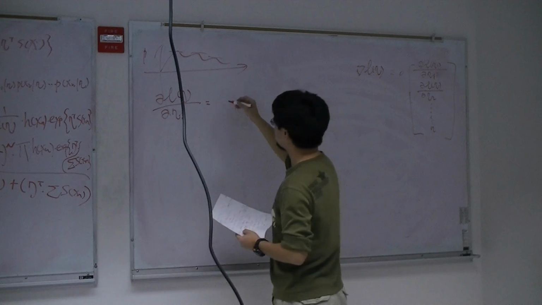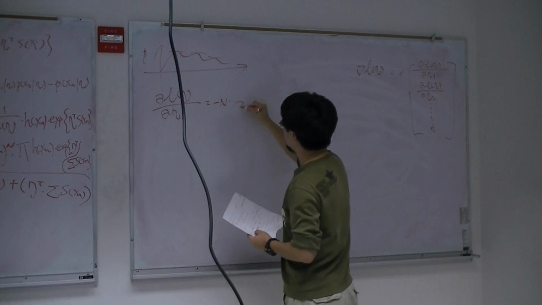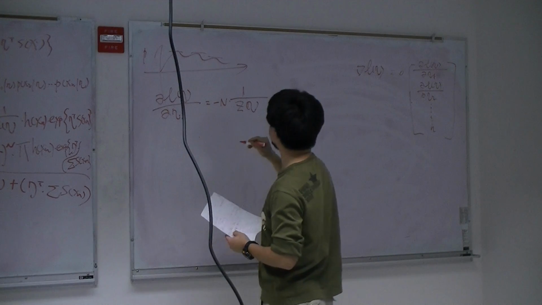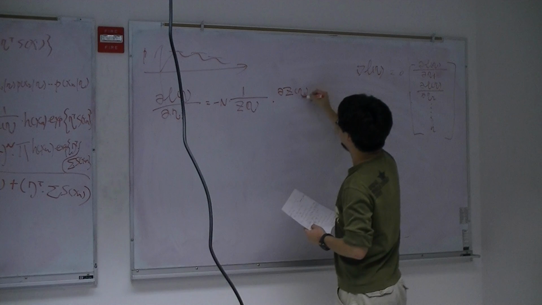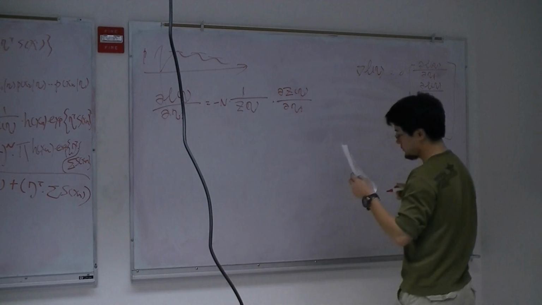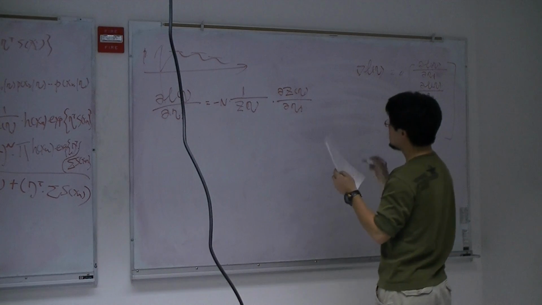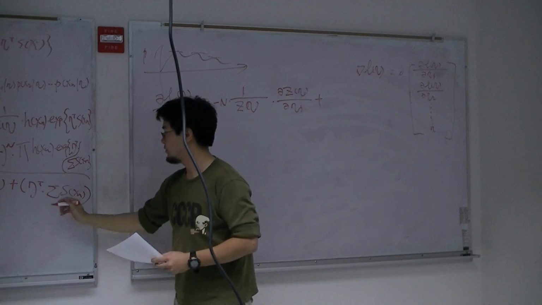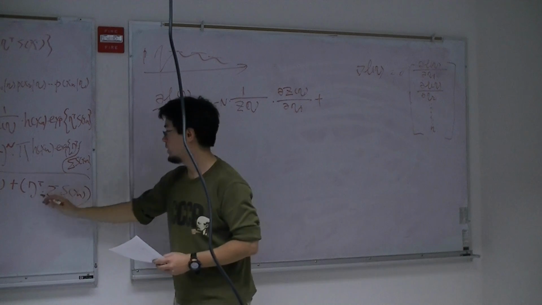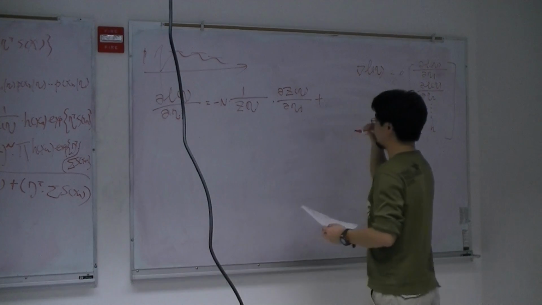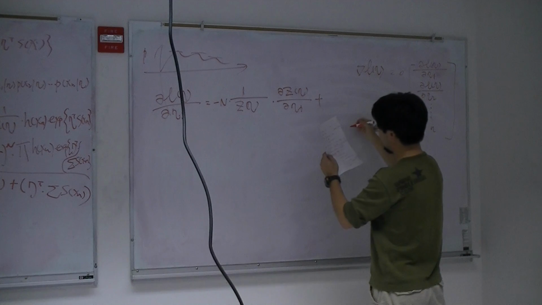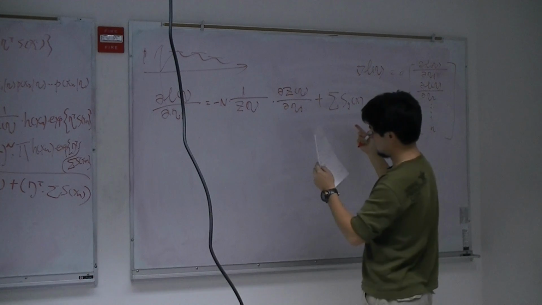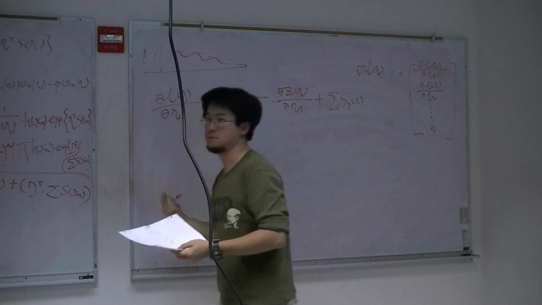And then we have minus n times one over z(eta) times the partial derivative of z with respect to eta j, and plus, because this term is a linear combination, an inner product, if you take the partial derivative with respect to one component of beta, only the corresponding term remains, which is equal to the sum of x. And because this term does not depend on beta, it's 0.